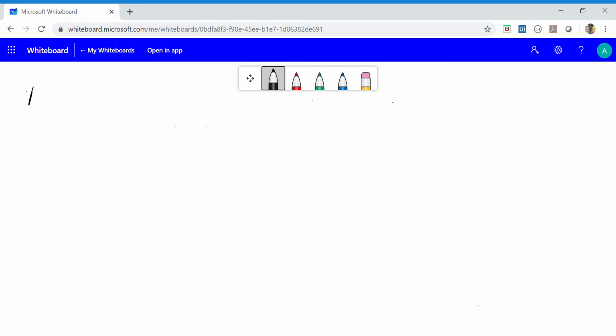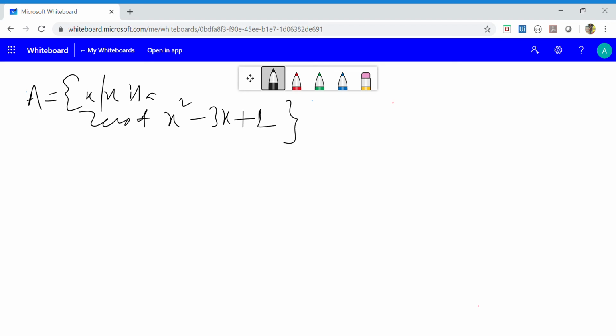Next, if A is equal to {x such that x is a zero of x square minus 3x plus 2}, and B is the set which is the zeros of x square minus 2x plus 1.